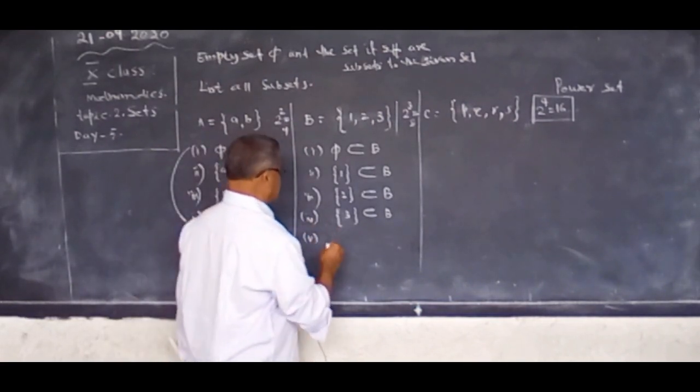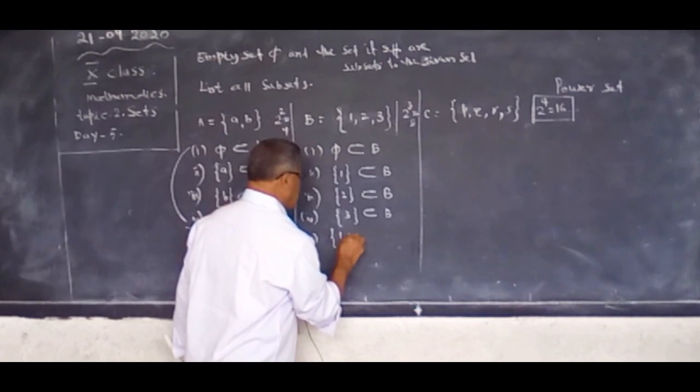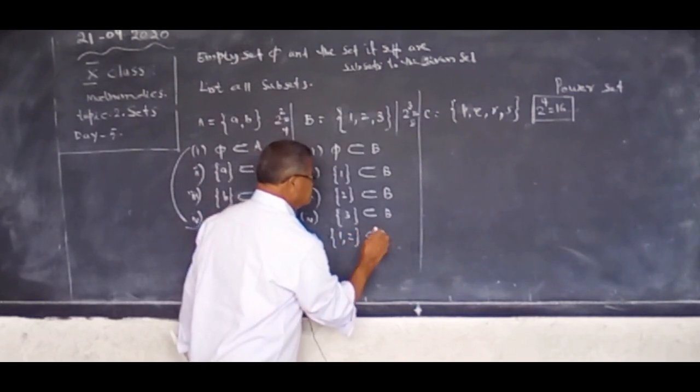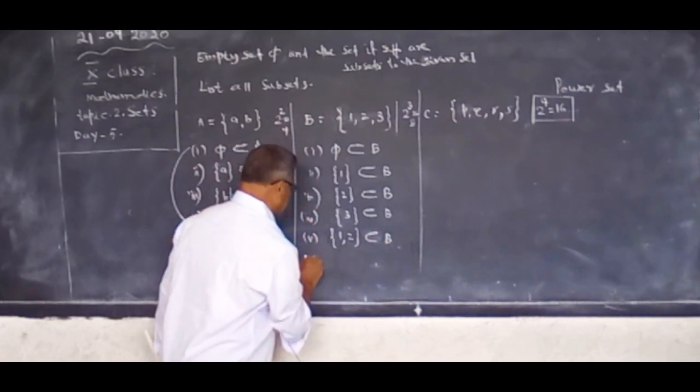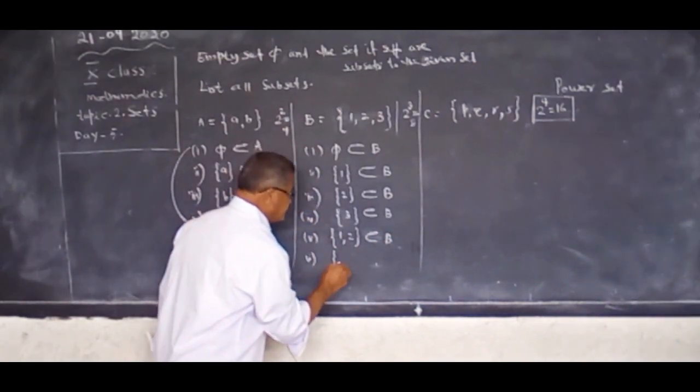Next, two elements: 1, comma 2, is a subset of B. 6: 1, comma 3.